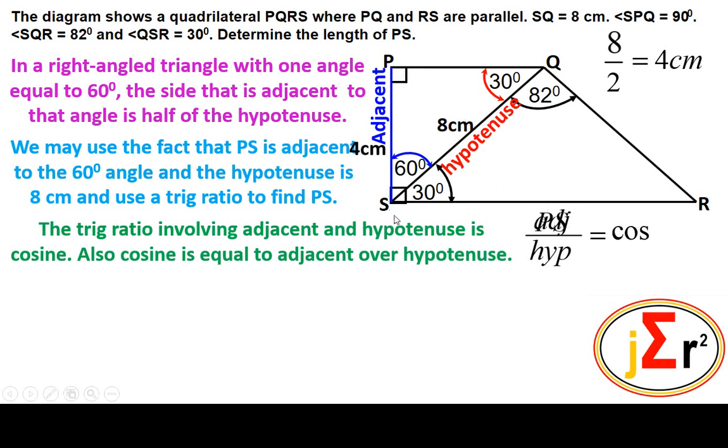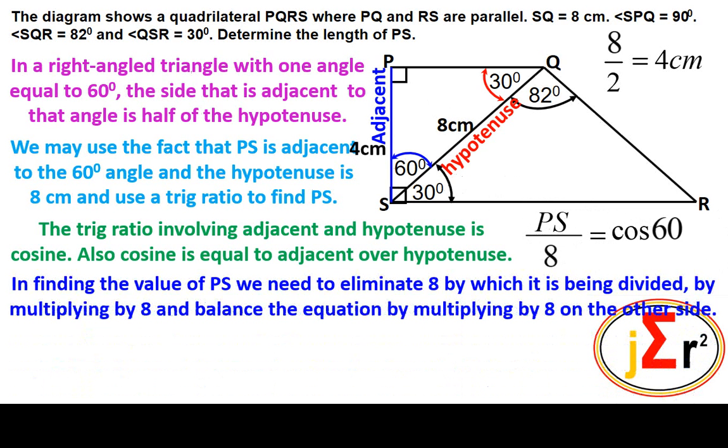So adjacent is replaced by PS. The hypotenuse is the known 8 centimeters. And of course, the angle to which our side in question, PS, is adjacent is the 60 degrees angle. So the equation is cos 60 equals PS over 8.